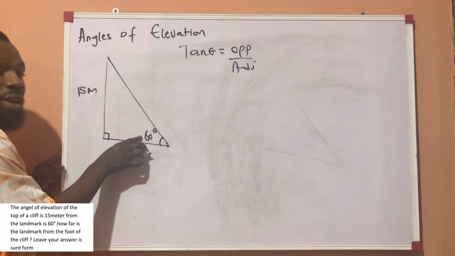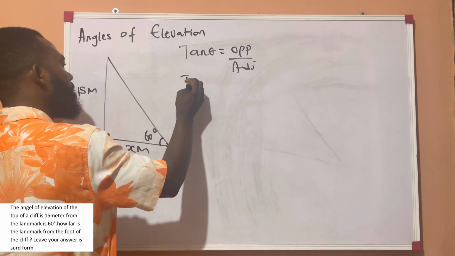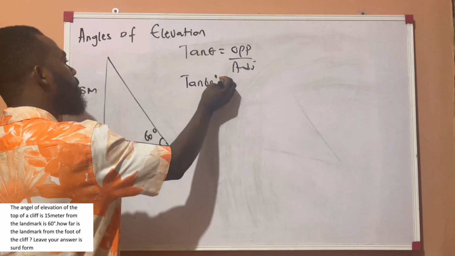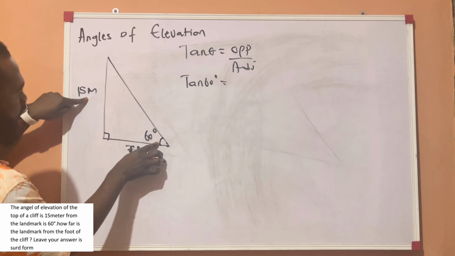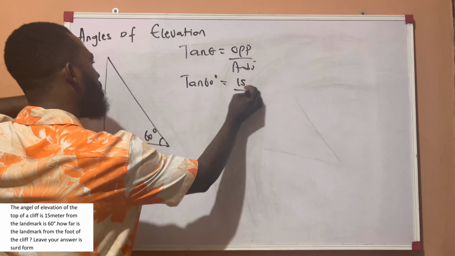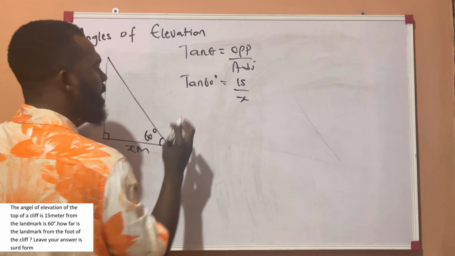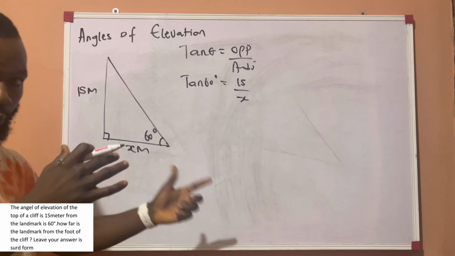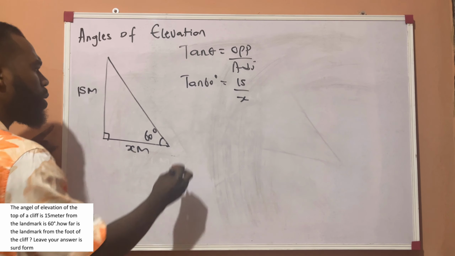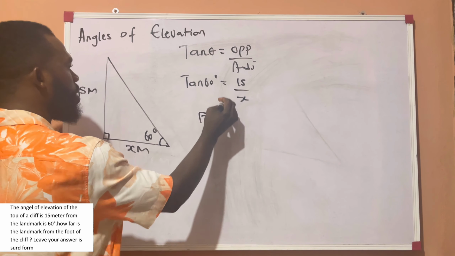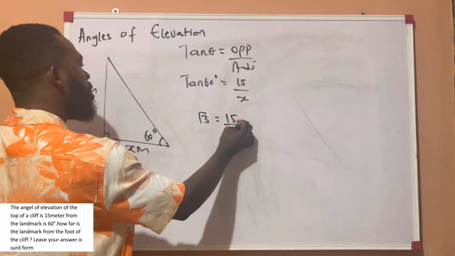Now theta is 60 degrees. So we have tan 60 degrees is equal to the opposite, which is 15, over the adjacent, which is x. Again, tan 60 is root 3 over 1, which is root 3. So here becomes root 3 is equal to 15 over x.